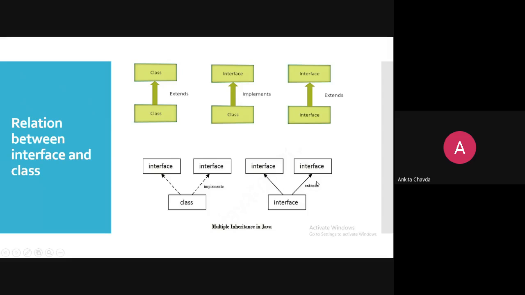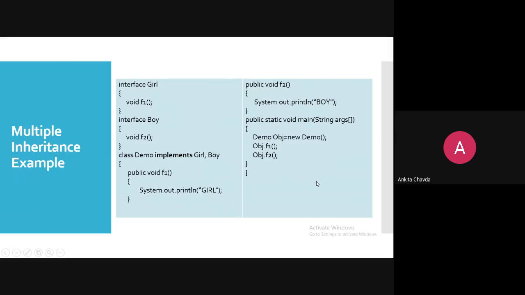Now here in the multiple inheritance example, the first interface is girl, and the other interface is boy. The girl interface has one method, void f1. The boy interface has one method, void f2.